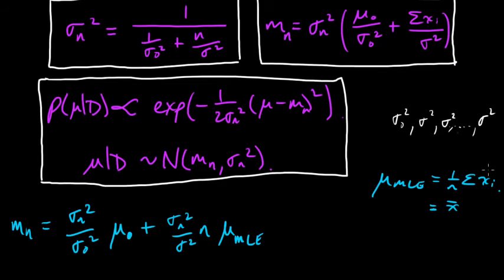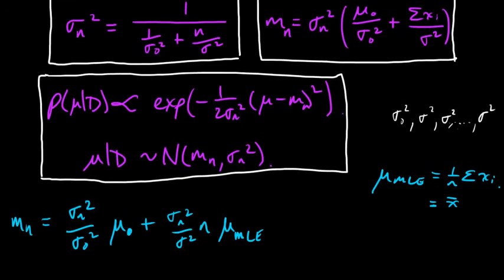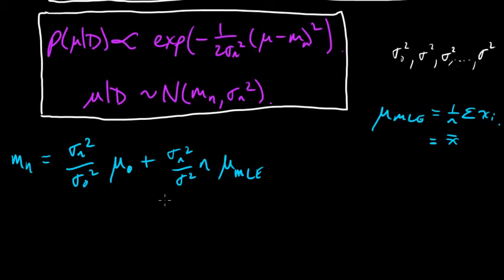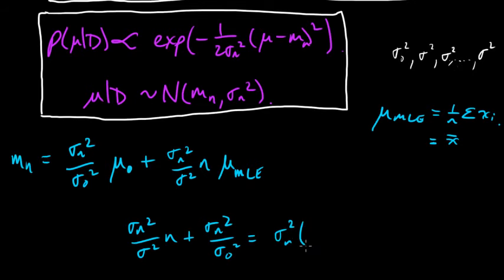So let's see, I said that this should be a convex combination, so the sum of these ought to be 1. Maybe we should check that just to be sure. If we sum this with this, of course we just pull out the first guy.